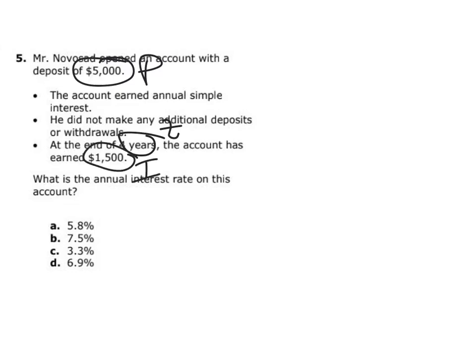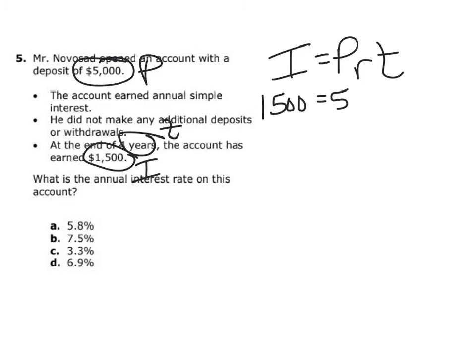Now we're going to substitute what we know. Interest was 1,500, principal was 5,000, and the rate we don't know, so that's what we're trying to find out.